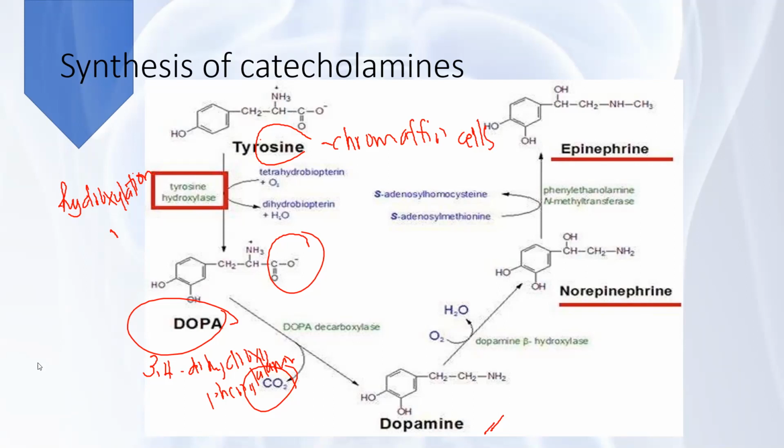Ibig sabihin, kung may deficit ka sa mga enzyme na ito, walang conversion ng norepinephrine to epinephrine. Kung may problema ka rin dito sa tyrosine hydroxylase mo, that converts your tyrosine into your DOPA, di ba? Si DOPA, isa sa mga byproduct ng tyrosine metabolism. Natatandaan nyo ba?